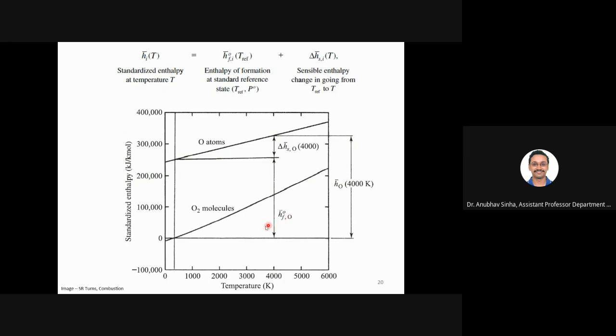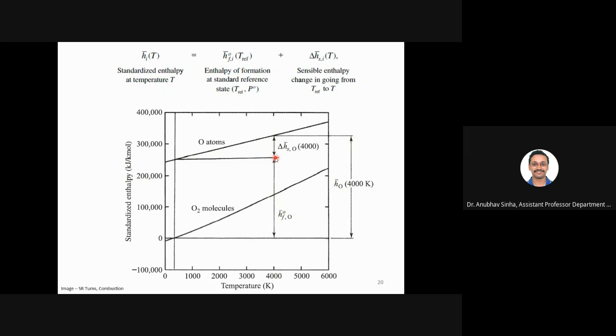Now what is the enthalpy of formation? Here I am taking the reference temperature, and at 4000 Kelvin the enthalpy of formation is from here to here.